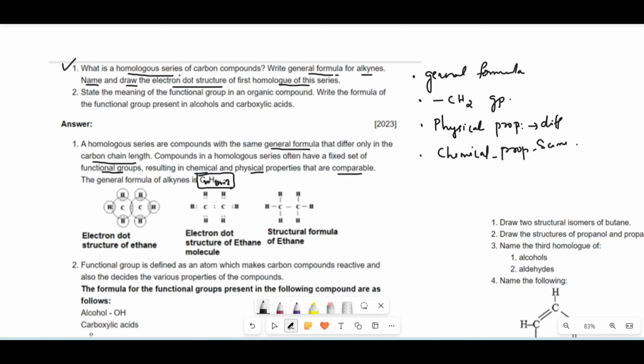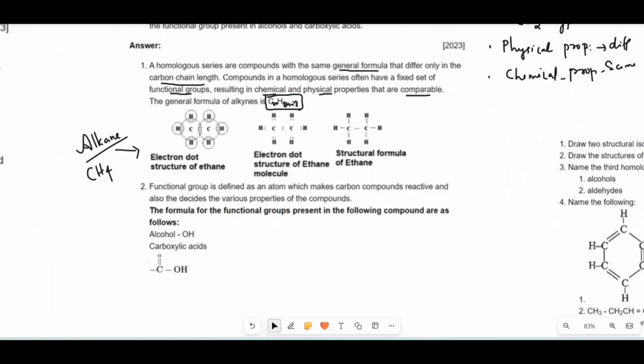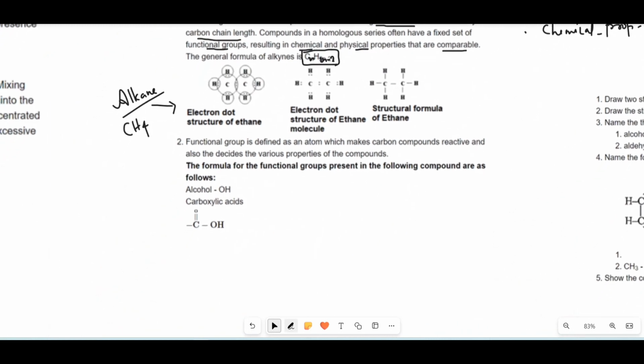So in alkyne, the first member is ethyne, okay. If you are taking alkane, the first member will be methane, CH4, and then its electron dot structure will be carbon. There will be 4 hydrogen atoms around carbon because carbon has valency 4, okay.